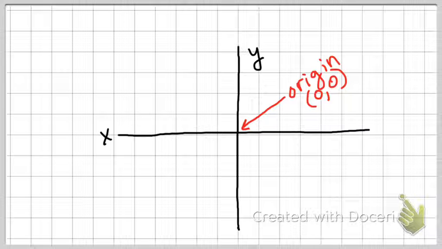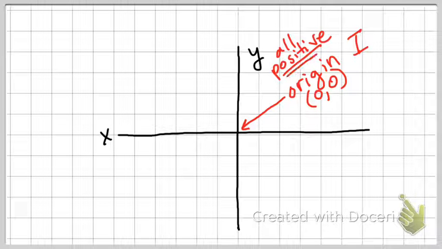Now a coordinate plane has different quadrants, and this happens to be quadrant 1 over here. In quadrant 1, we're going to be working here, and the reason we're working in quadrant 1 is that we're working with all positive numbers. Everything here is positive, all positive values.